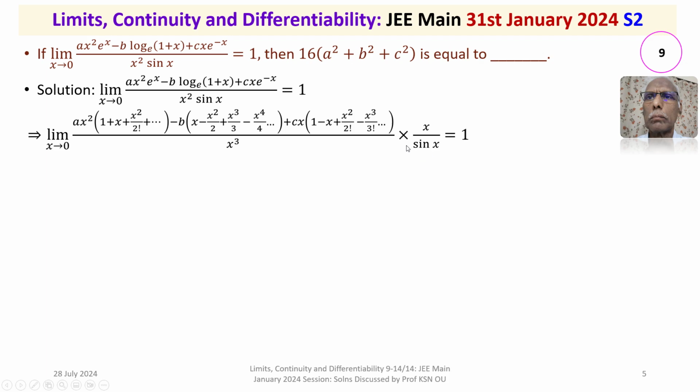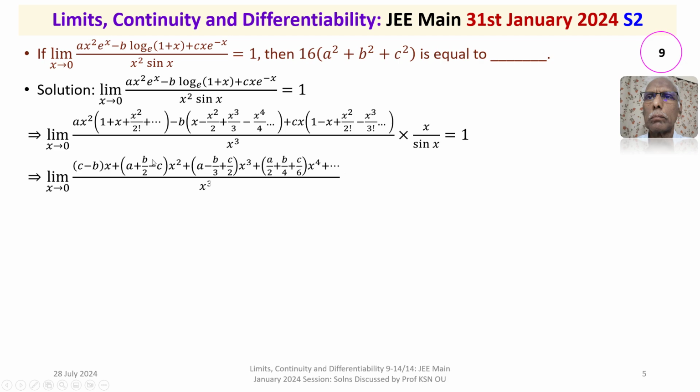Now multiply and write it as the coefficient of x plus the coefficient of x square plus the coefficient of x cube plus the coefficient of x to the power of 4, by x cube. So that is limit x tends to 0 of (c minus b) into x plus (a plus b by 2 minus c) into x square, that is the coefficient of x square.